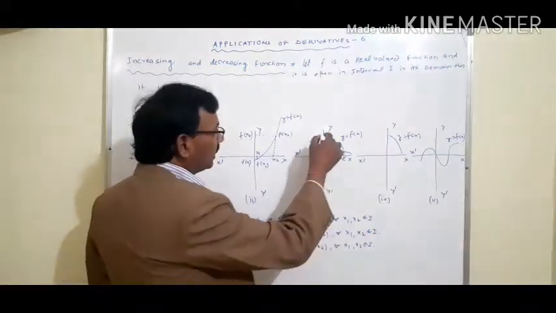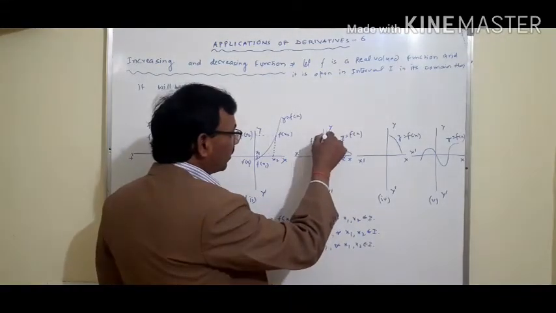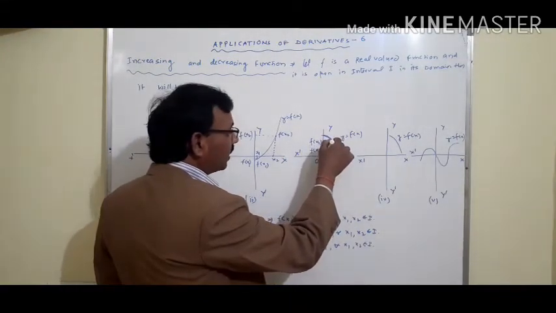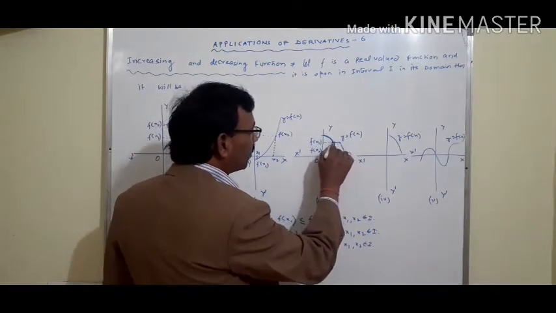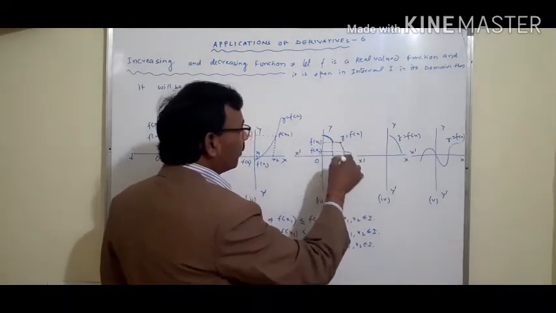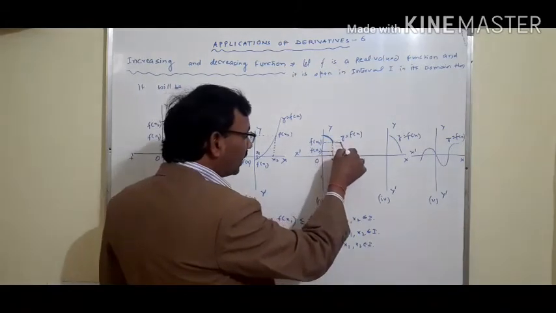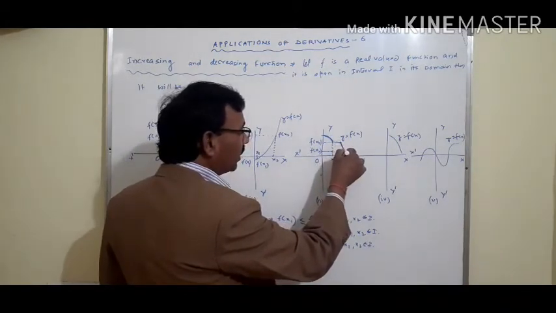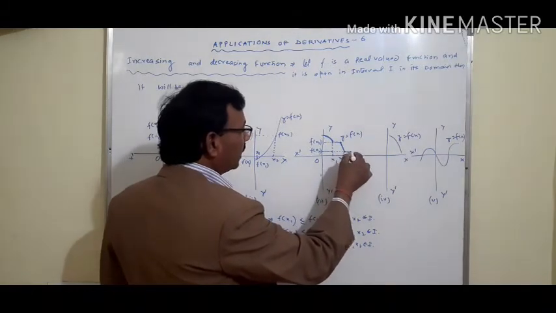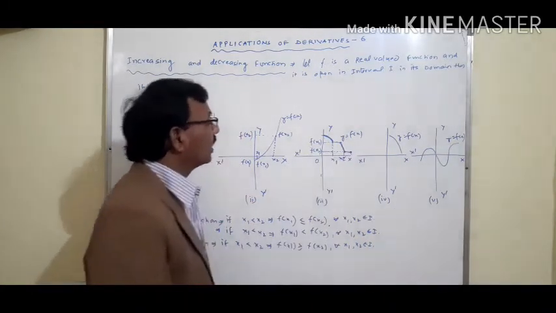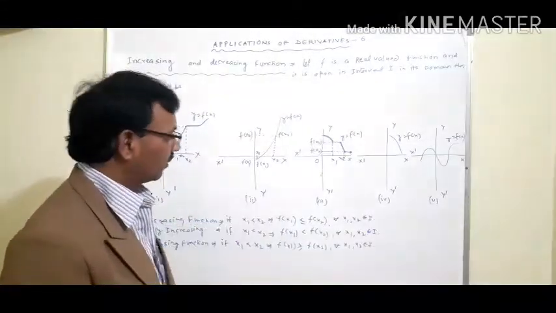You can see here the function decreases from here to this point, again starts from here and is constant to this point, again decreases from this point to this point, and from this point to this point it is constant. This type of function is known as a decreasing function.